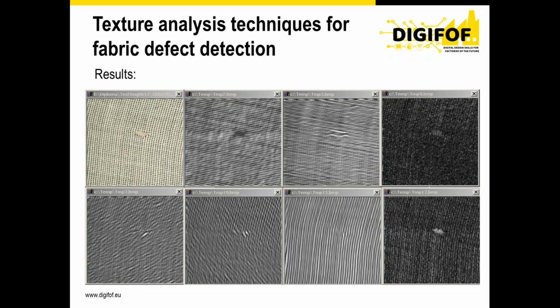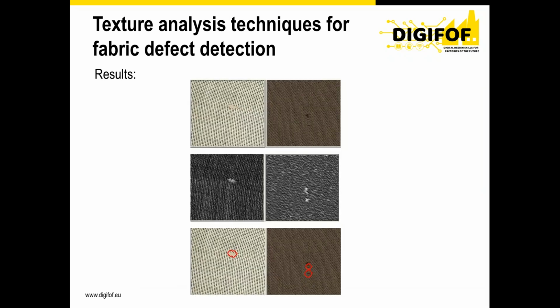So you can see that the filters respond differently based on their orientation and also based on their frequency. The one that actually discriminates better the texture and the non-texture is the one on the bottom right side.